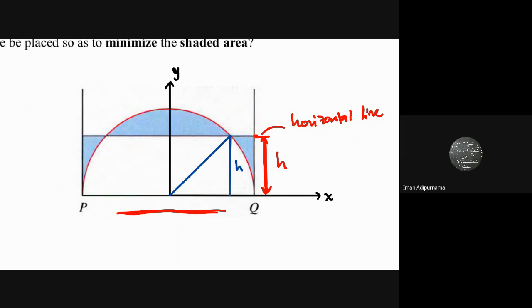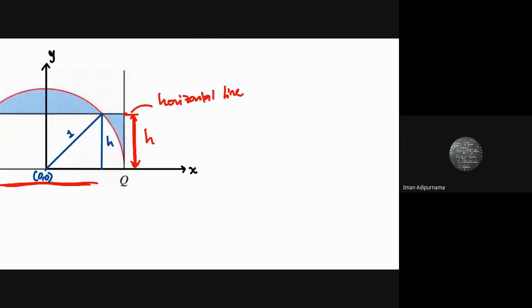It says radius 1, so this is 1. Let's say this is (0, 0). So the radius is 1, and the circle is x squared plus y squared equals 1.